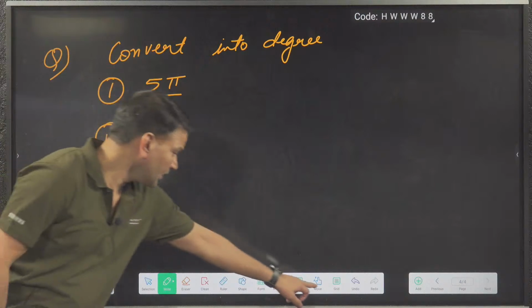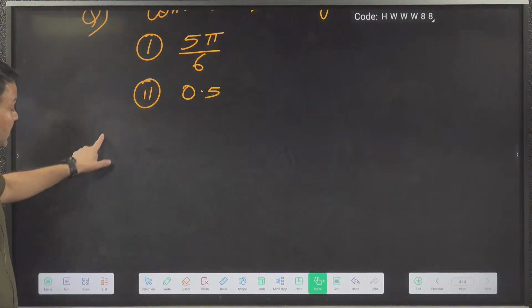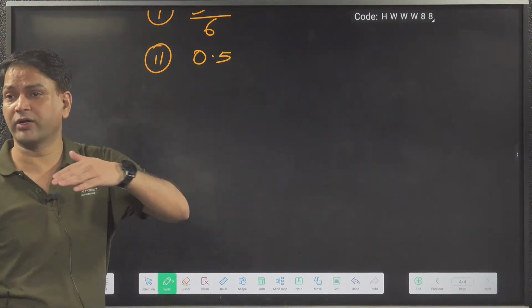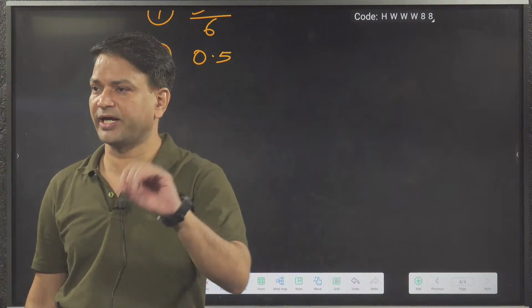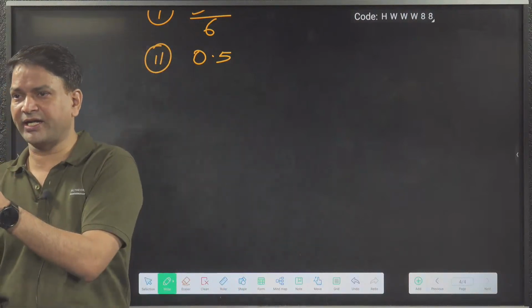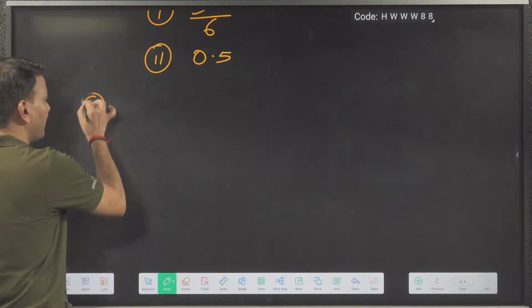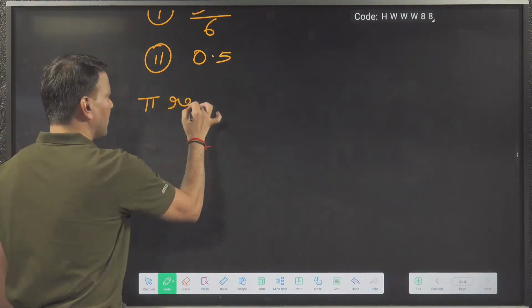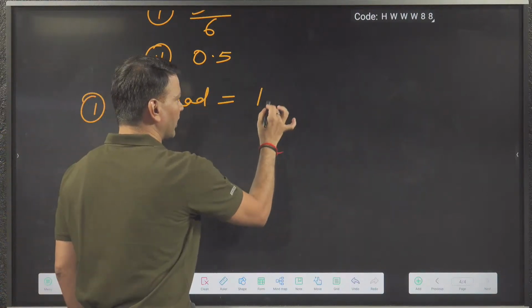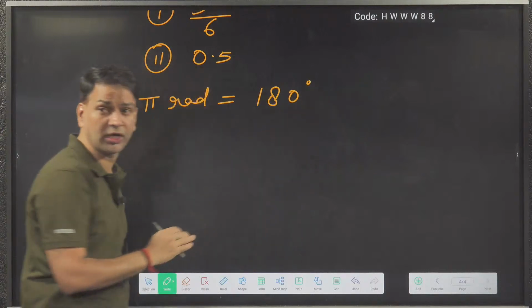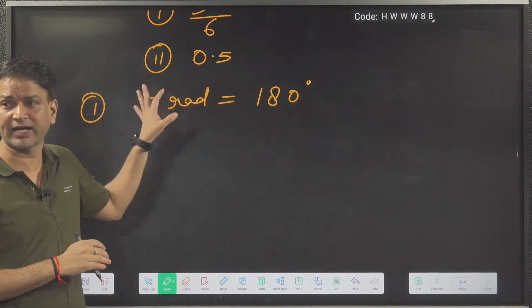Here I want to convert the radian into degree. So first I will write radian, then I will write degree. Then what is the relation I will use? Pi radian is equal to 180 degree. Because I want to convert the radian into degree, that's why I write the radian first.